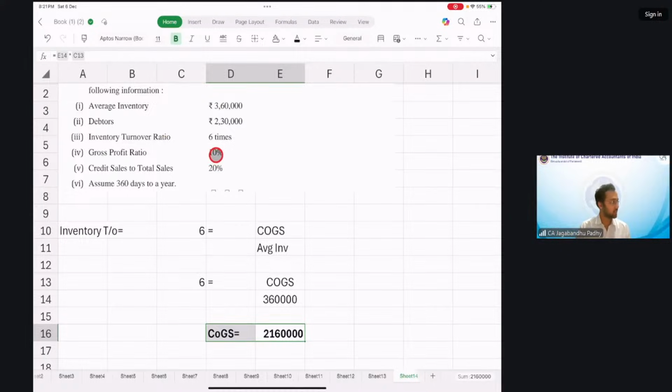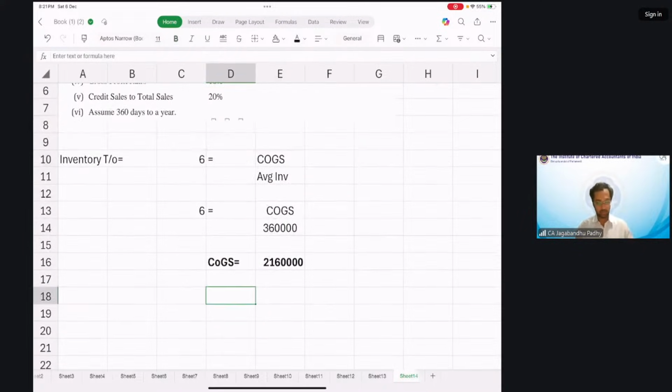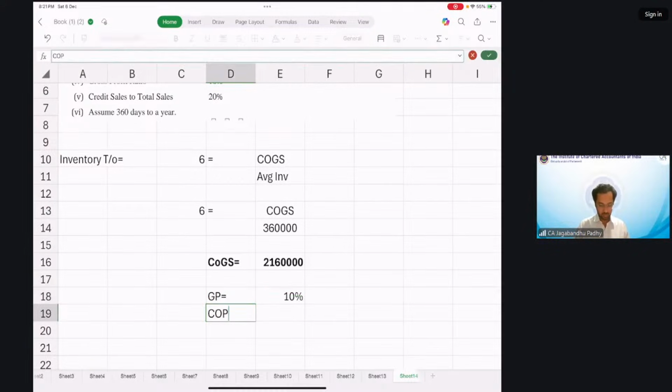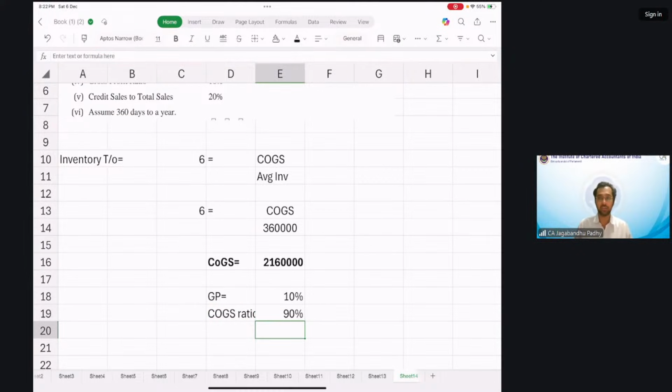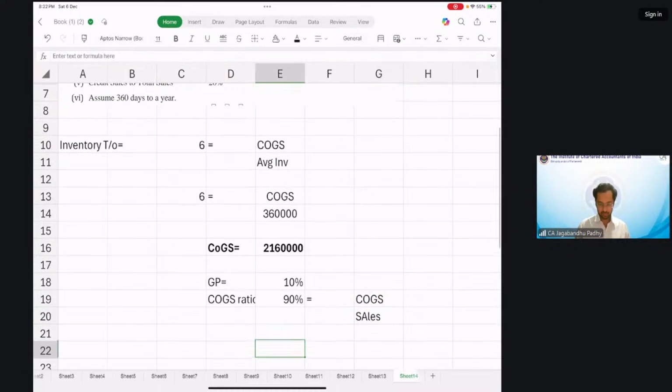We have the GP is 10%. Gross profit is 10%, guys. So we know the COGS ratio is 90%. This 90% is arrived at as COGS upon sales.